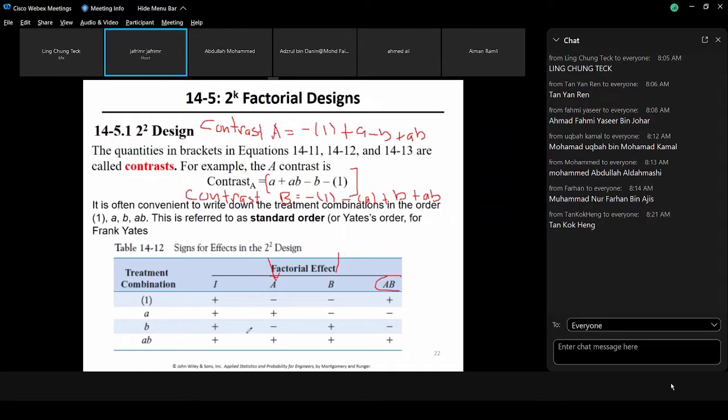From the standard order design, you always start from negative, plus.